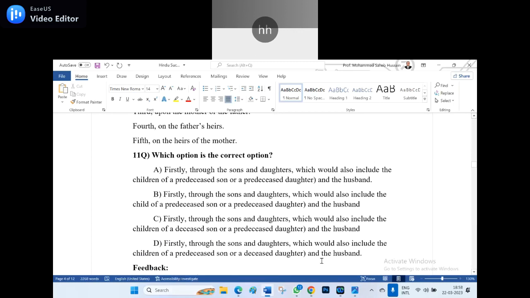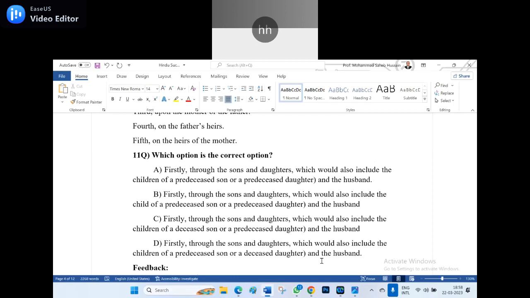Okay, now let me read this one. 11th question. Which option is the correct option? A. Firstly, through the sons and daughters, which will also include the children of the predeceased son or predeceased daughter and the husband. B. Firstly, through the sons and daughters, which also include the child of the predeceased son or a predeceased daughter and the husband.